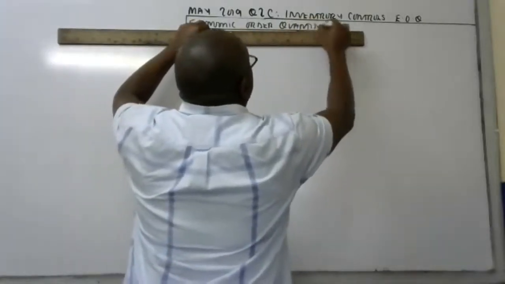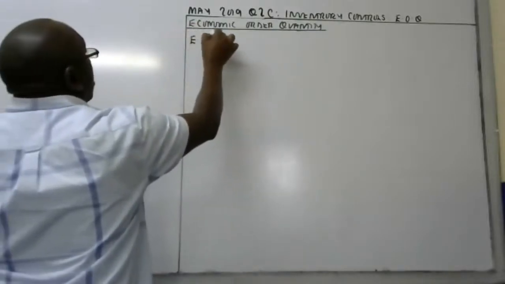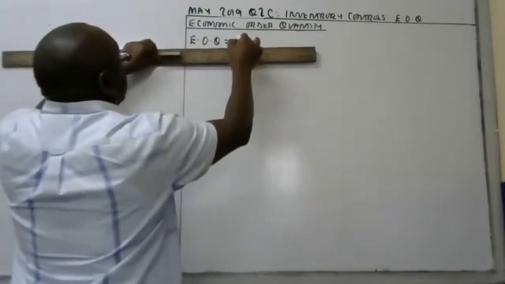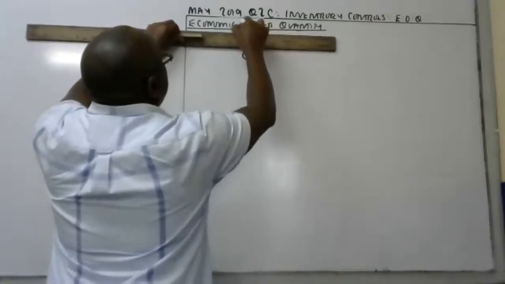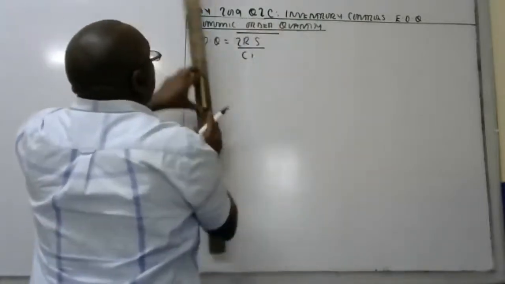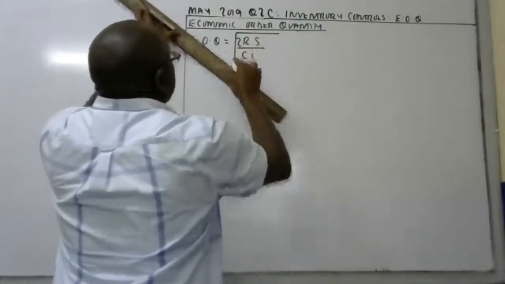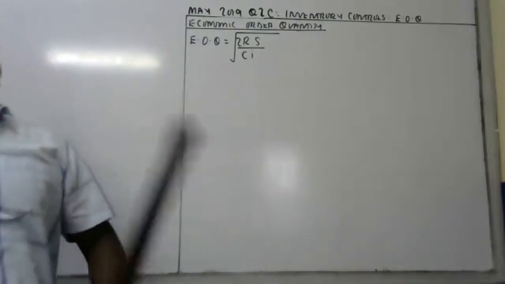Now the economic order quantity, EOQ, is given as 2RS. You divide by CI. You get the square root.